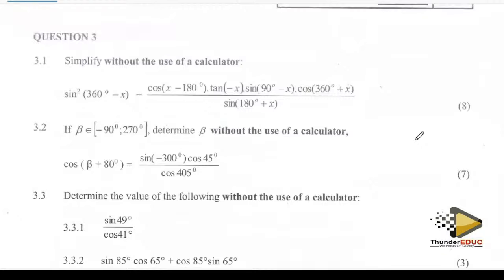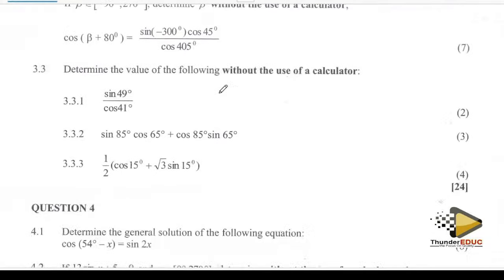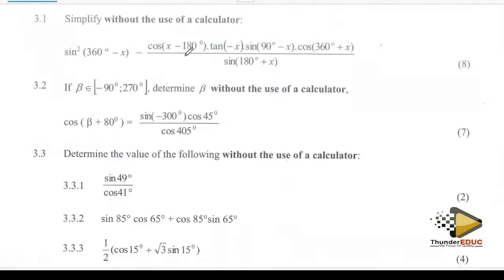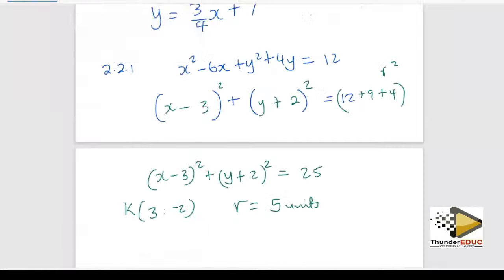Question number 3. This is trig. Why are there a lot of marks? 24 marks up for grabs. Let's see if we can have these marks.